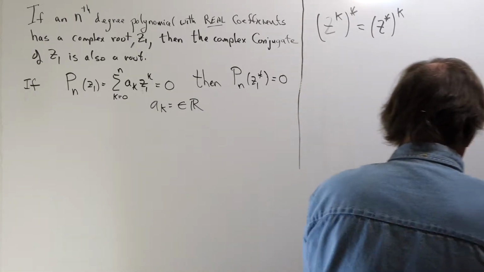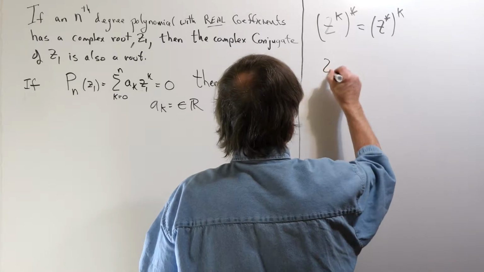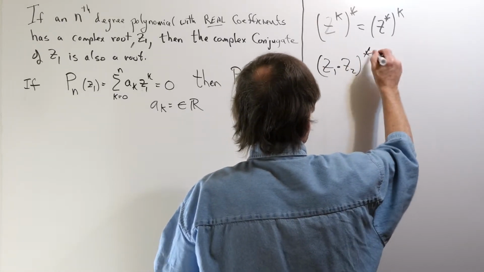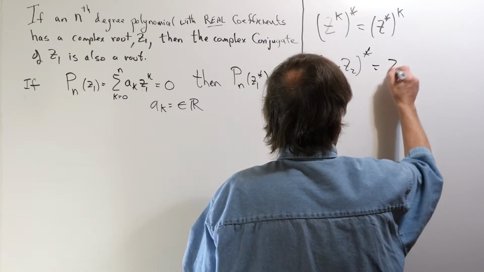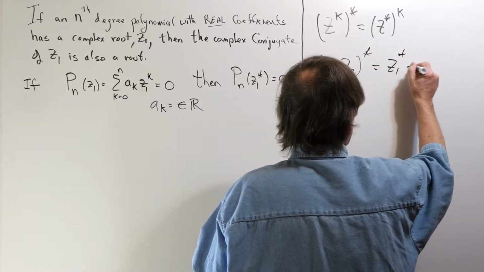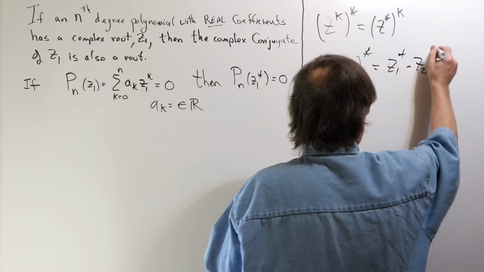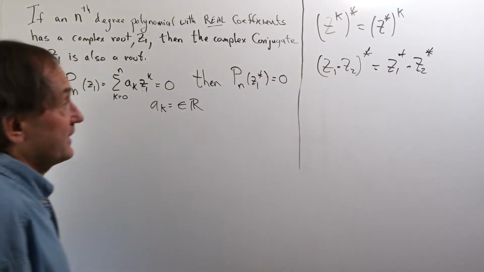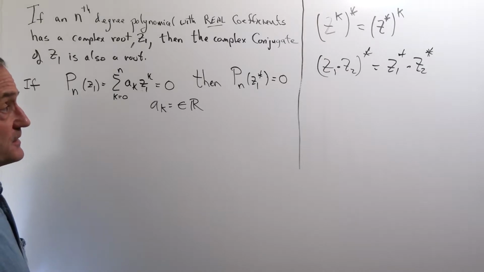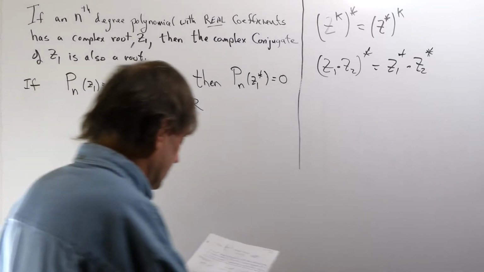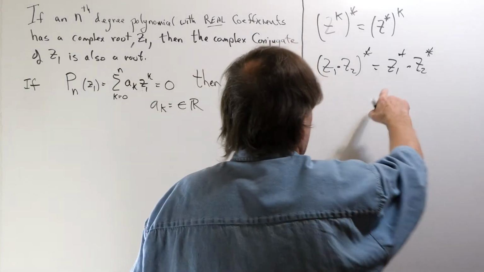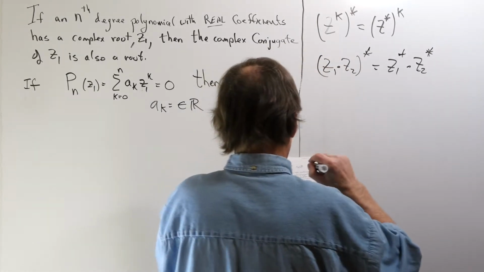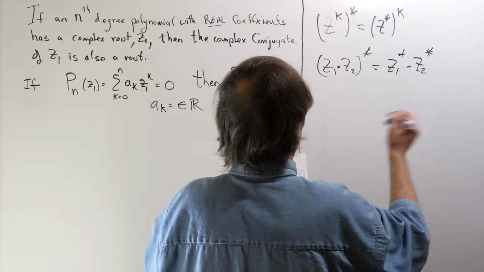The next property is that if I have z1 times z2 and I take its conjugate, then the conjugation distributes through the multiplication. The conjugate of z1 times z2 is z1 conjugate times z2 conjugate. Again, we can write these in exponential form and see what happens.